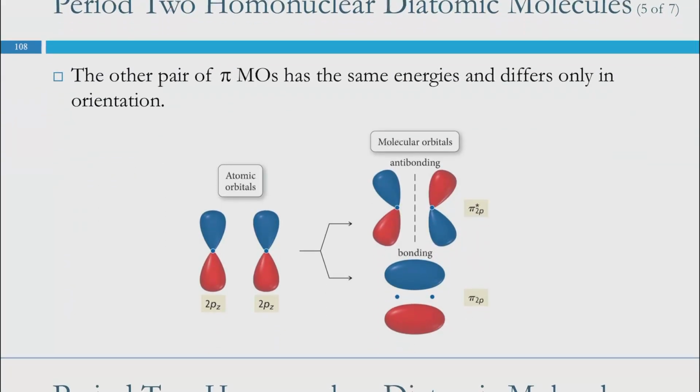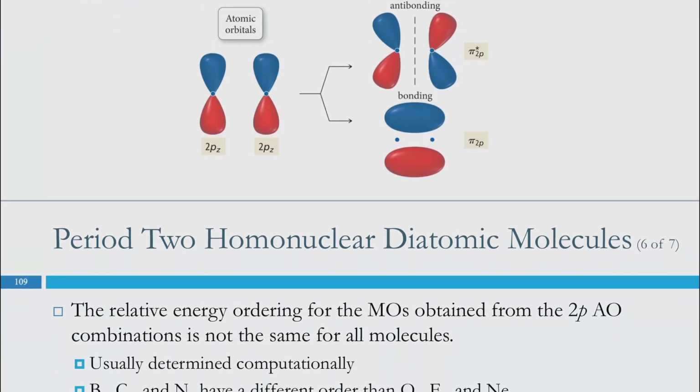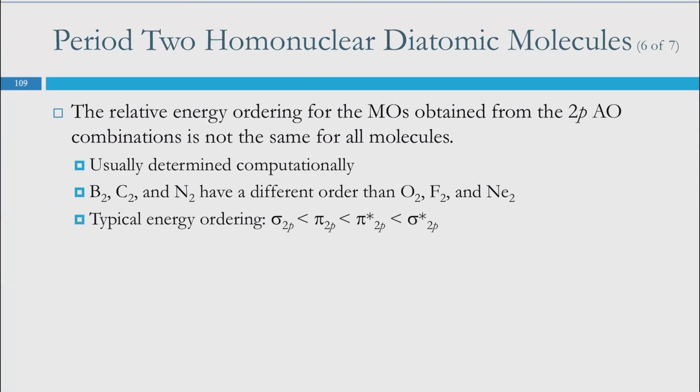Here's that other pair. Since they differ only in the way that they're oriented, either up and down or front and back, they're going to have the same energy. And we can get the relative energy from calculations, computations.